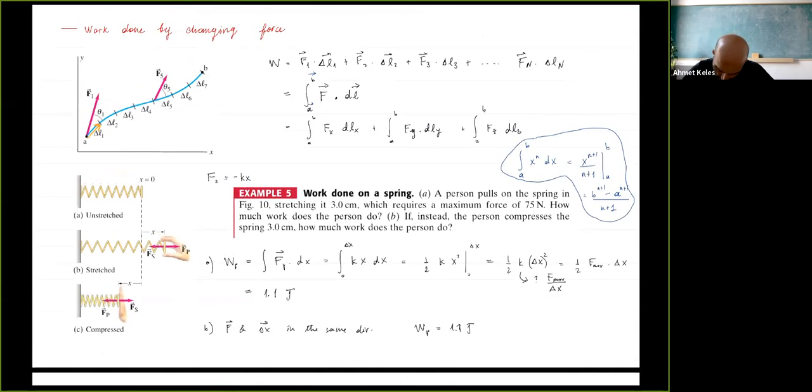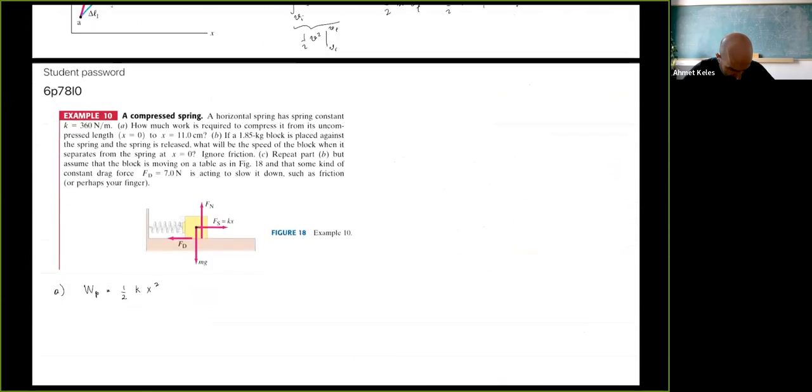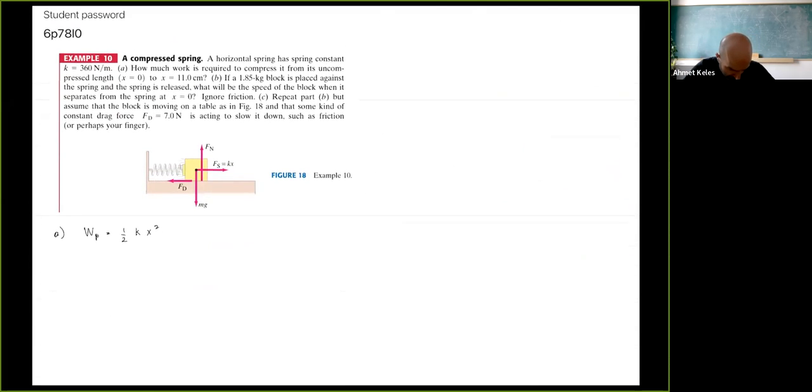So the work done by this person was equal to this or this; either was fine. I'm going to use exactly that result. This is equal to 1/2 times K, 360 Newton per meter, times x, 11 centimeters, which is 0.11 meters, squared. If you multiply these numbers, what I find is 2.2 joules.